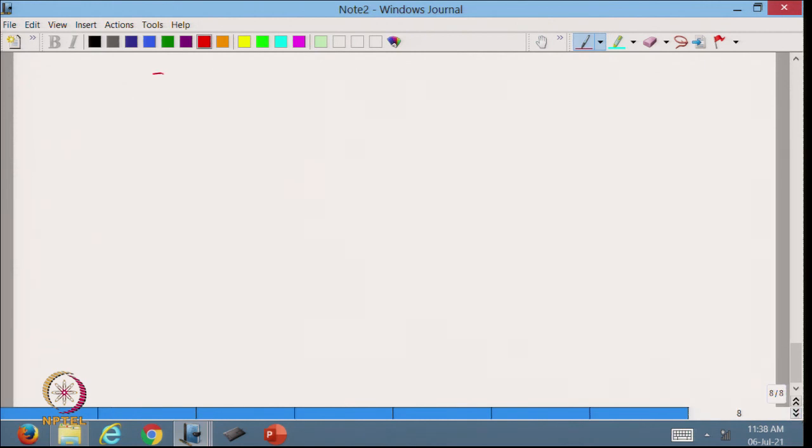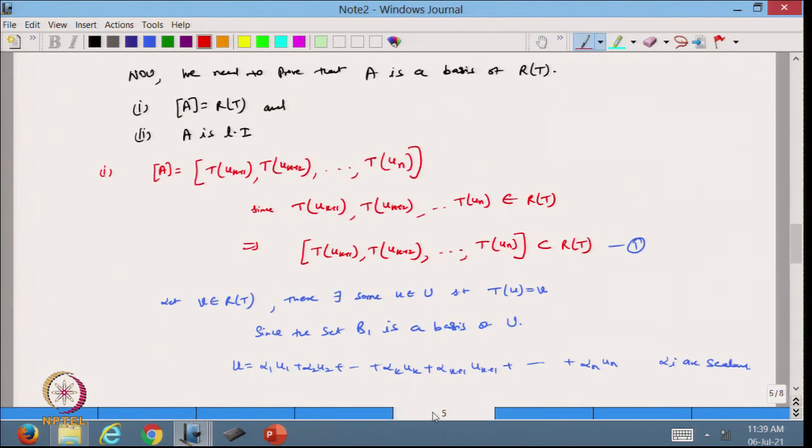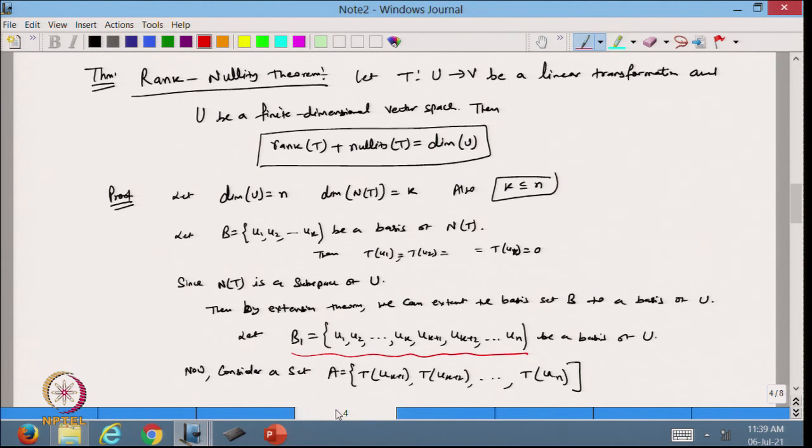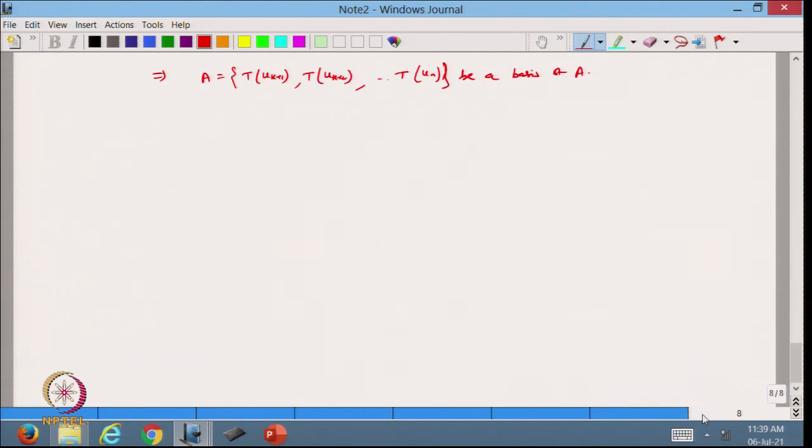So, from here I can say that A, that is T of u k plus 1 up to T of u n, is a basis of R(T), because this is what I wanted to show, that this set A is a basis of R(T).